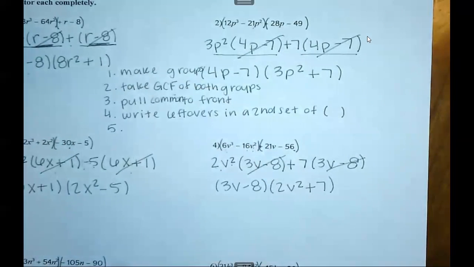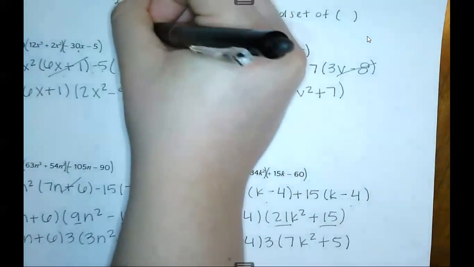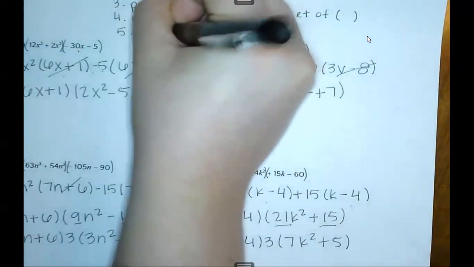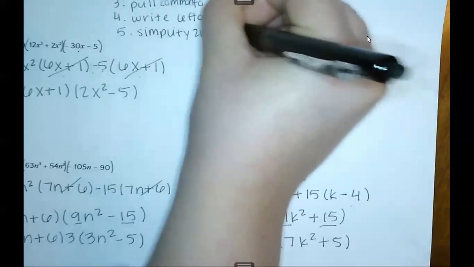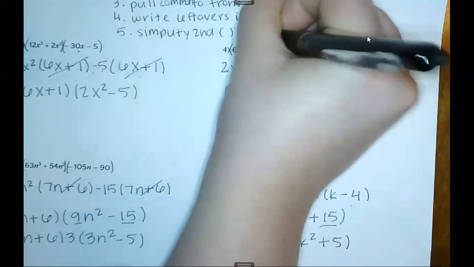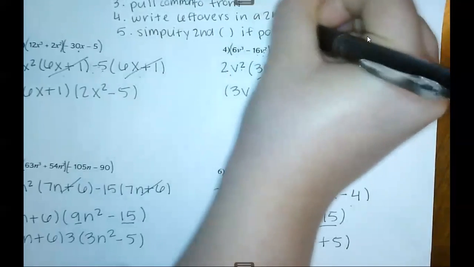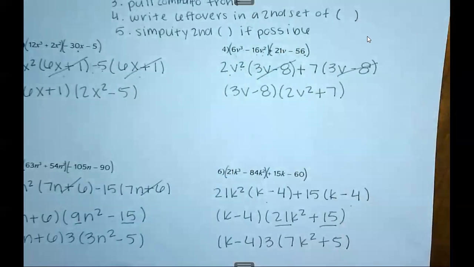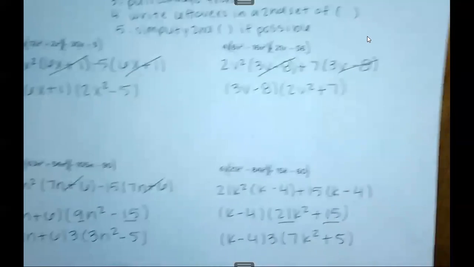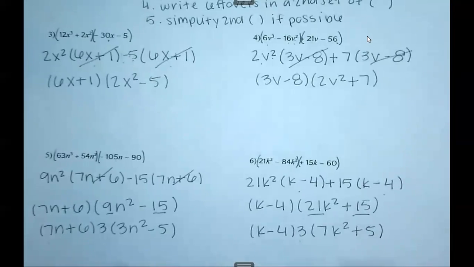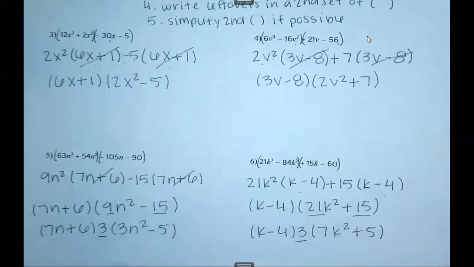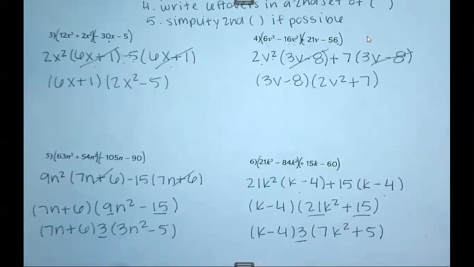And then actually our last two had a step 5, which is to simplify the second parenthesis if possible. So that won't be something we can do every time. Like we couldn't do it on the first 4, but we were able to do it on these last 2. We were able to pull a number out of both terms in the second set. All right, that is it.